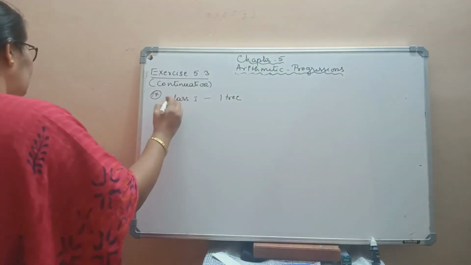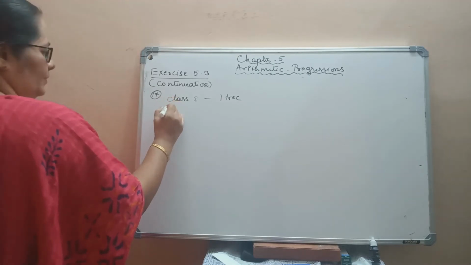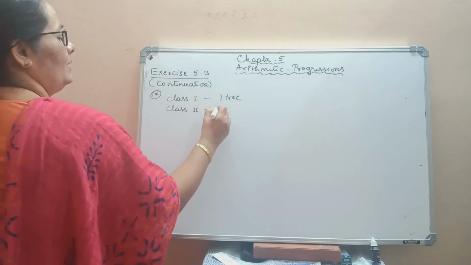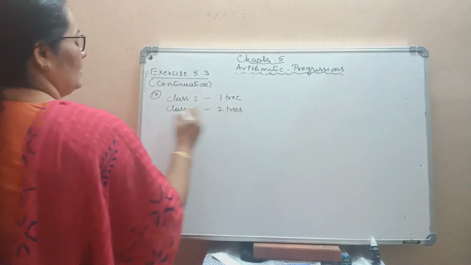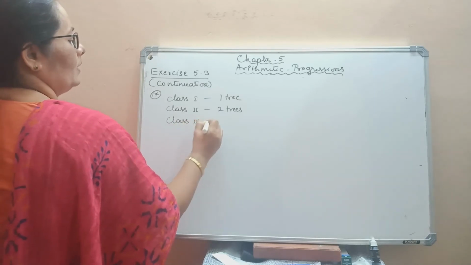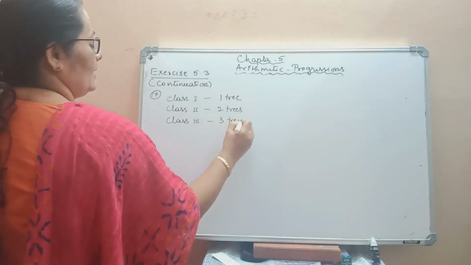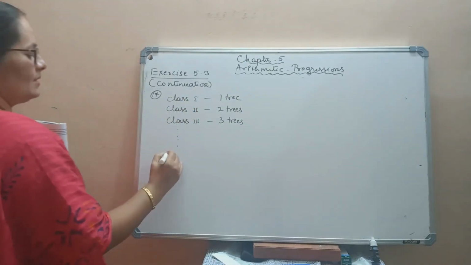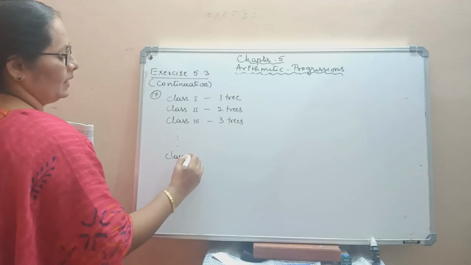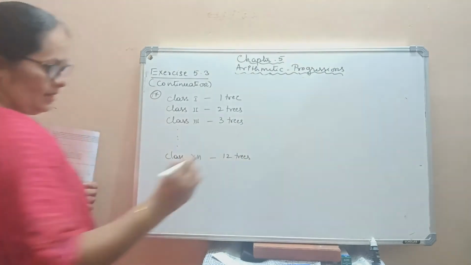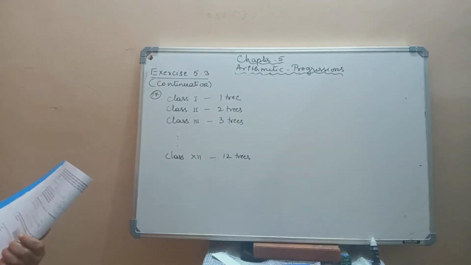Then class 2: 2 trees. Class 3: 3 trees. Like this, there are 12 classes. So class 12: how many trees? 12 trees. Right? But with the condition that there are 3 sections of each class.